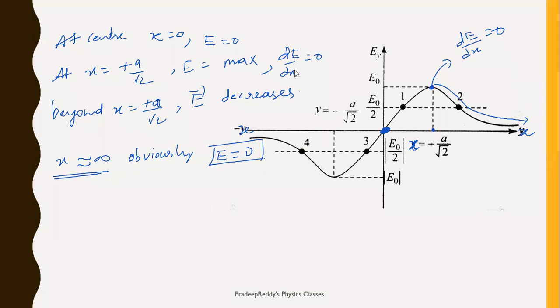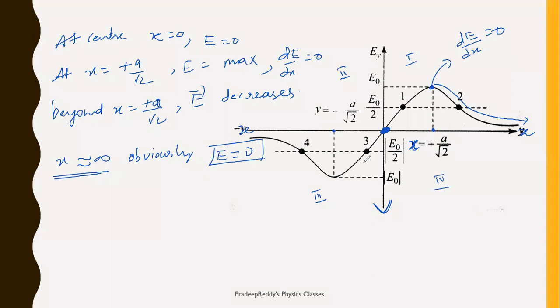Coming towards the left side of the ring from the center, what would happen? The field value will decrease. So here it is a positive field, but coming to the left side, the field is negative, right? That is the reason why you are getting the graph in the third quadrant. This is the first quadrant, this is the second quadrant, this is the third quadrant, and this is the fourth quadrant.